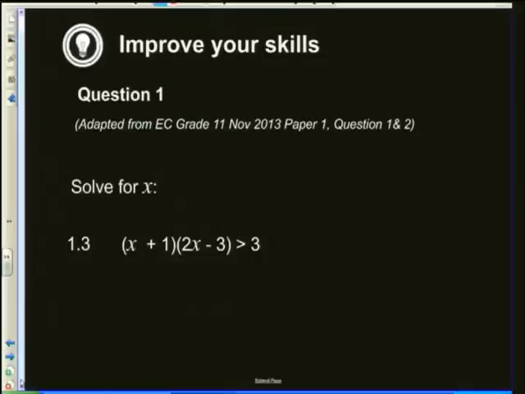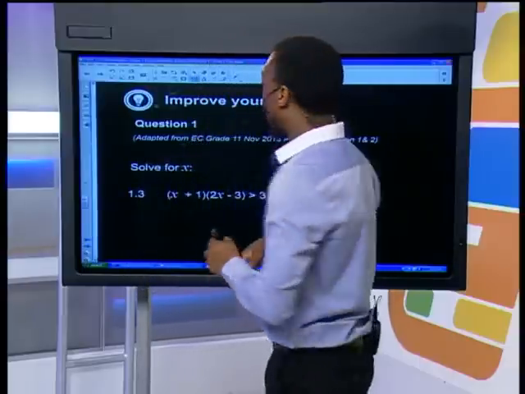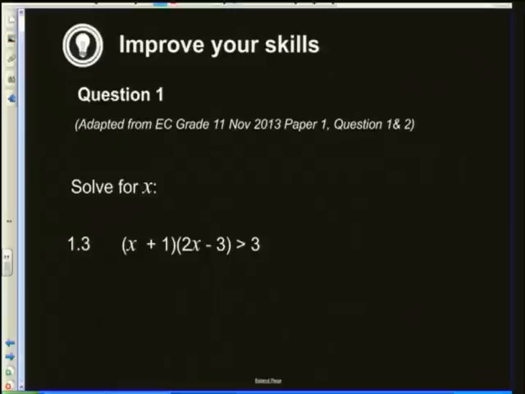Again, it's an equation we need to solve for x, but take note that this one here does not have an equal to sign, so it's an inequality, all right? And as you can see, it's got 2 brackets, which means it's probably a quadratic inequality. So this question will be posted on the Facebook page.